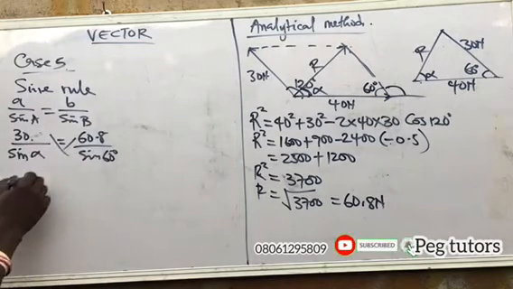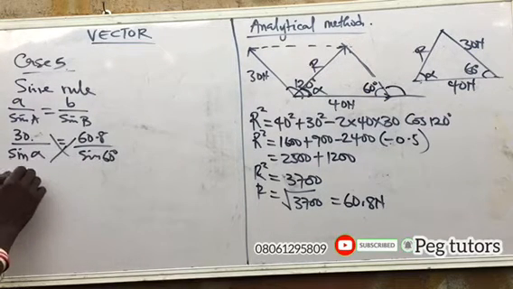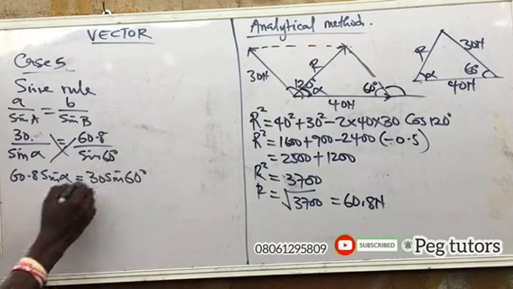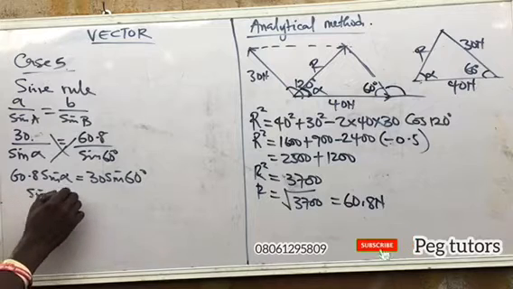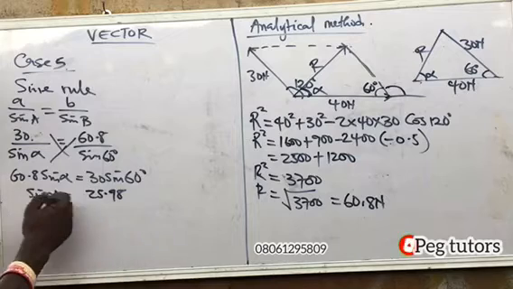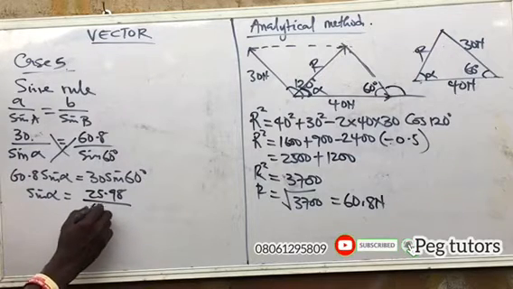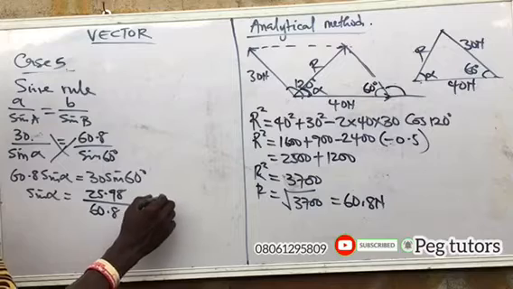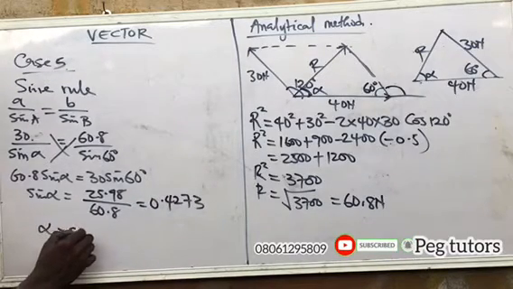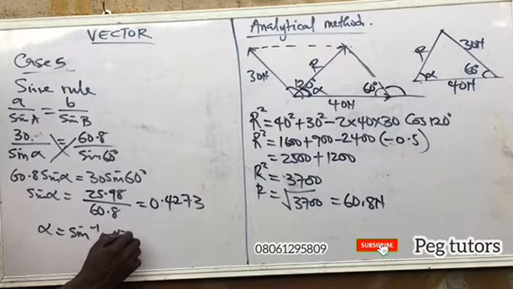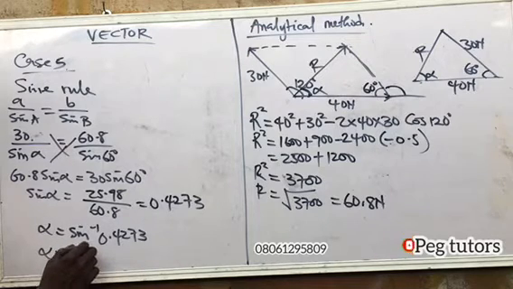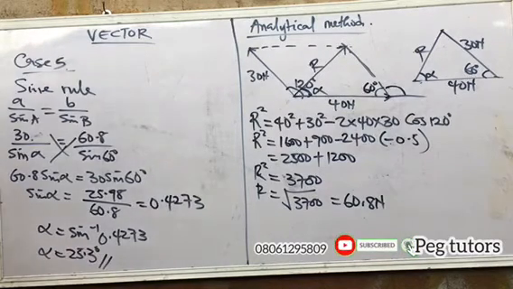Cross multiplying, you have 60.8 sine alpha is equal to 30 sine 60 degrees. So sine alpha is equal to 25.98 all over 60.8, which gives us 0.4273. So alpha is equal to sine inverse of 0.4273, and that gives us alpha equal to 25.3 degrees. So that becomes our answer.